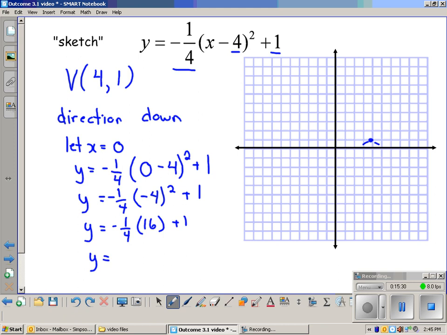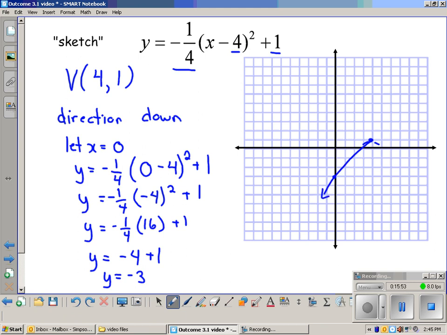Y equals negative 4 plus 1. So our corresponding y value will be negative 3. So when x is equal to 0, y will be negative 3. So our parabola is going to come from here and come through this point.